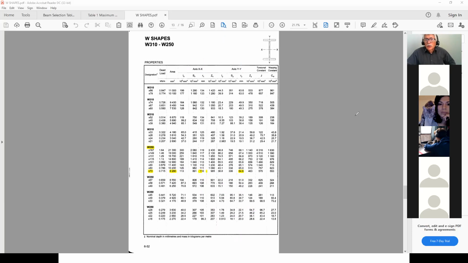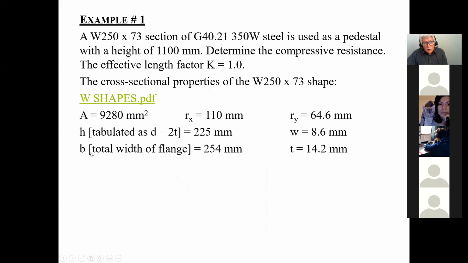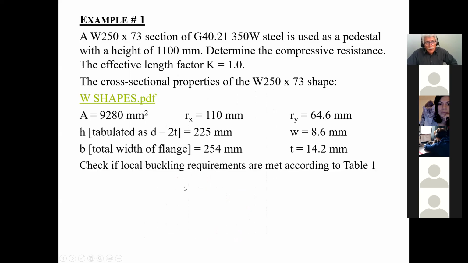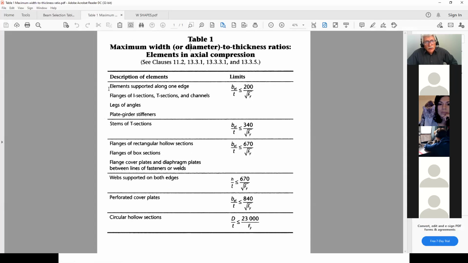Okay, so that's where we get those values from. I apologize about that. And like I said, the total flange width is 254. H is the value of D minus 2T. And of course, you go to Table 1, check that local buckling requirements are met. This is for the flanges of I's, T's, and channels.